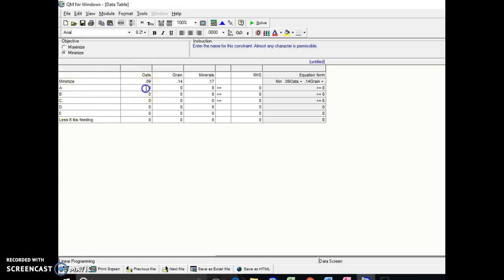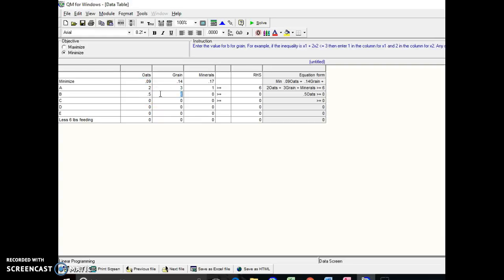Okay, so the USDA requires, or not requires, but recommends at least 6 units of, I guess, vitamin A, and there's 2 units in the oats, 3 units in the grain, and 1 unit of minerals for product B. We've got 0.5 units of product B in the oats.